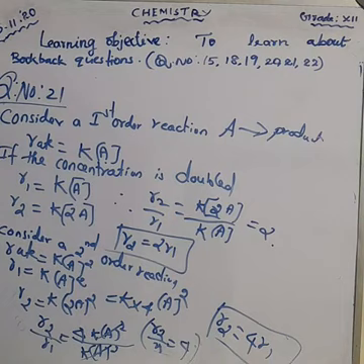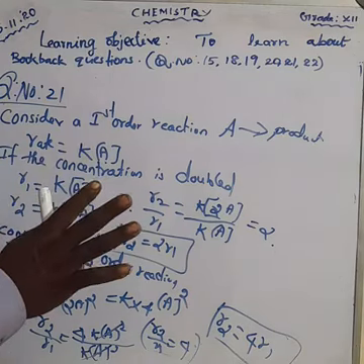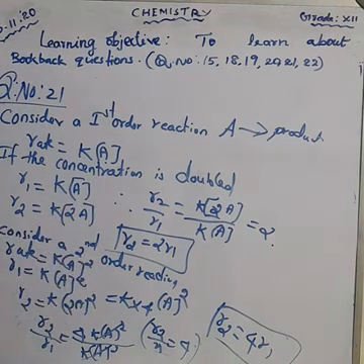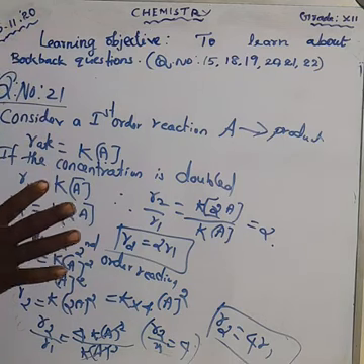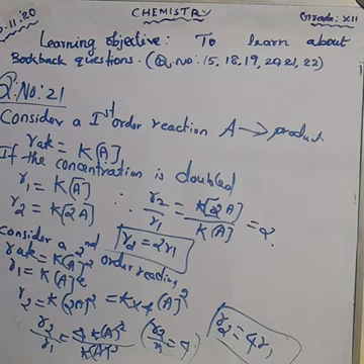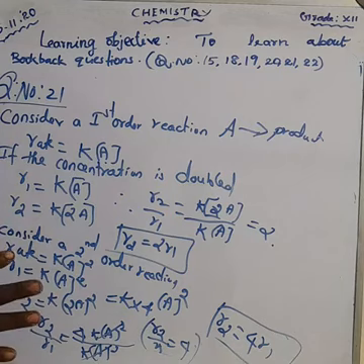If the concentration of the reactant is doubled for a second order reaction, the rate is increased by 4 times.